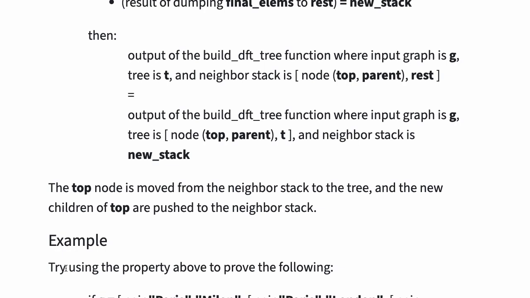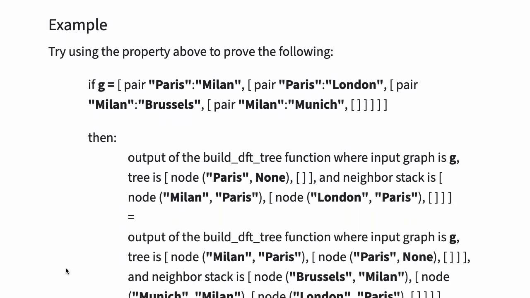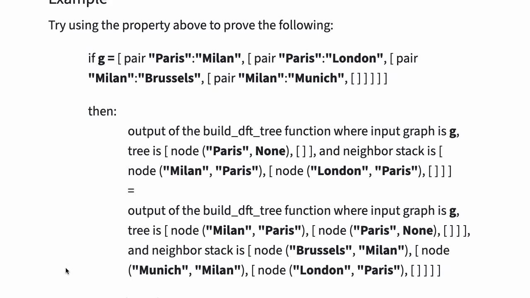The top node is moved from the neighbor stack to the tree, and the new children of top are pushed to the neighbor stack. For example, try using the property above to prove the following.